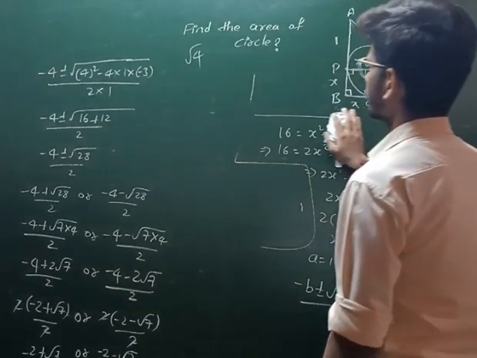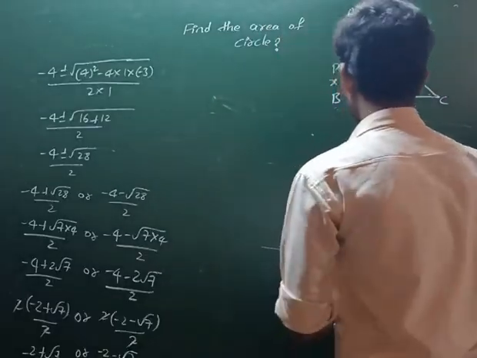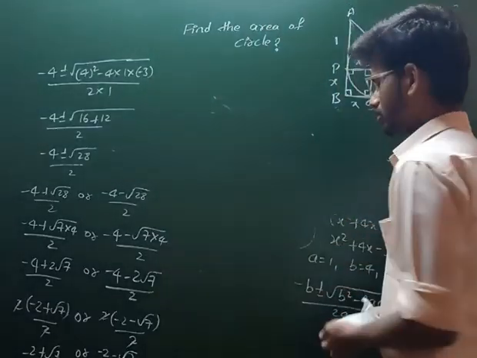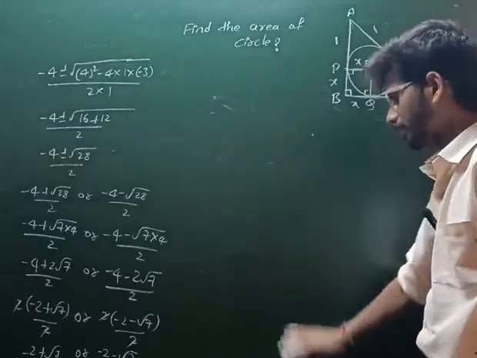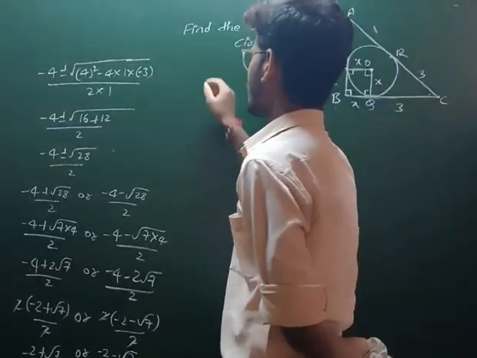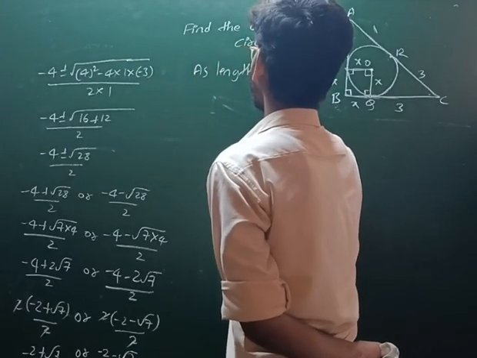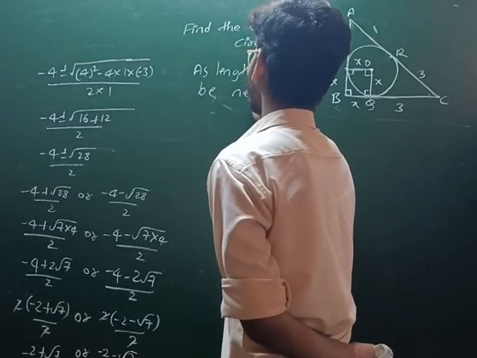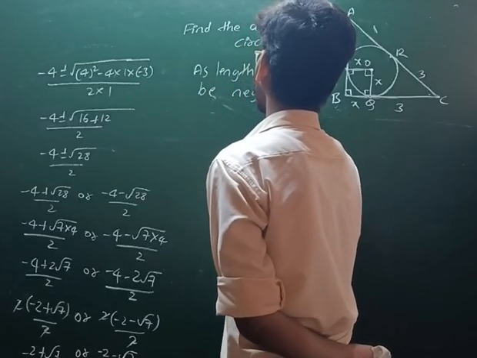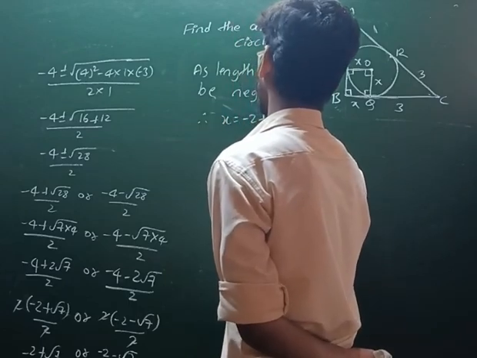So this negative value we can't take, as length can't be negative. Therefore x is equal to −2 + √7.